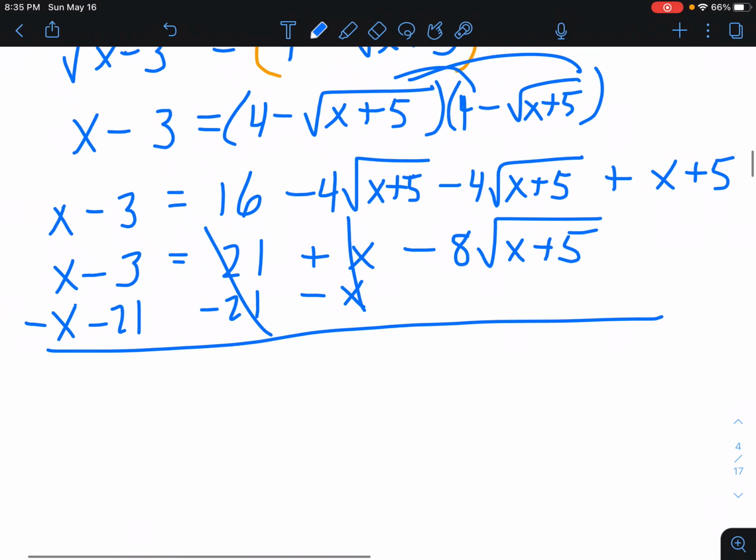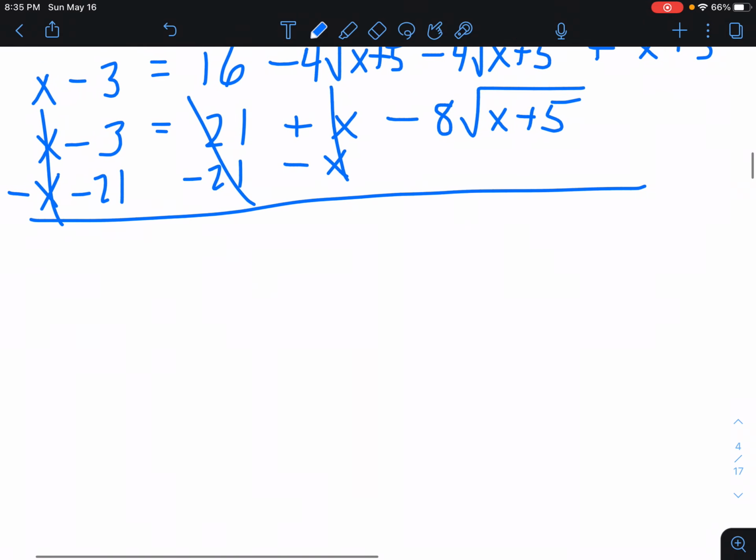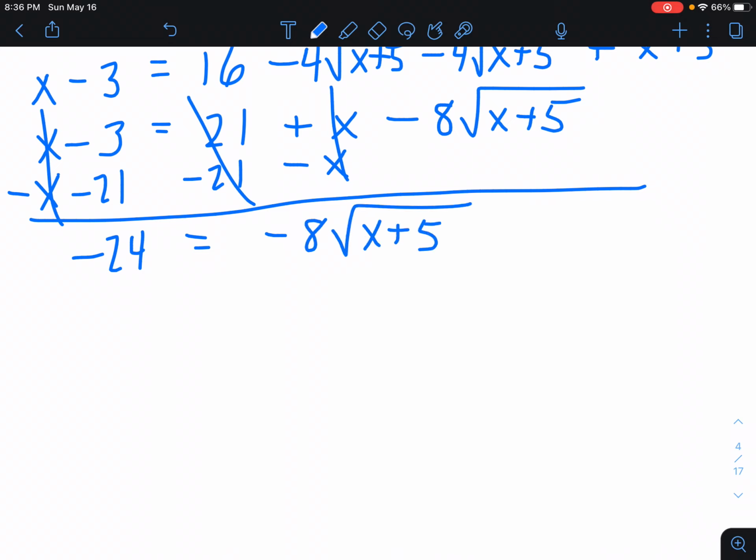Actually, it'll cancel here as well. That's always a good thing when things cancel. The radical's not isolated yet. We have a negative 8 in front. We want to divide both sides by negative 8.